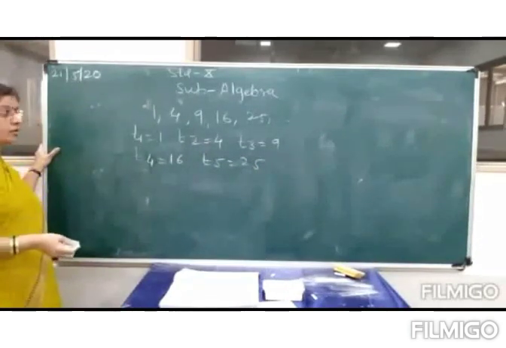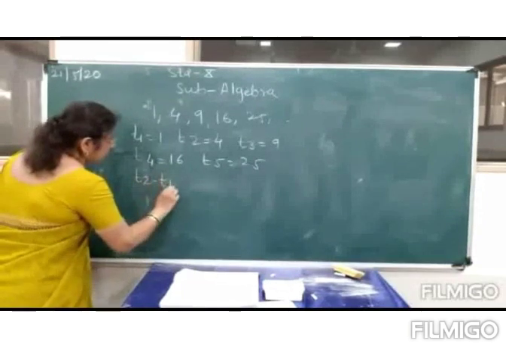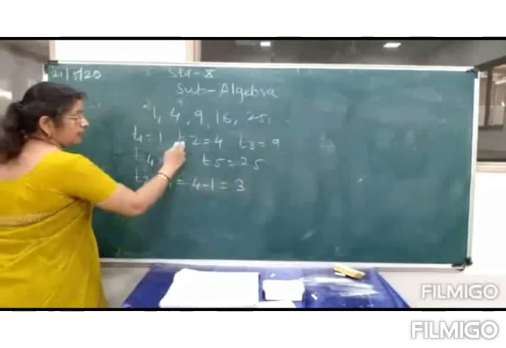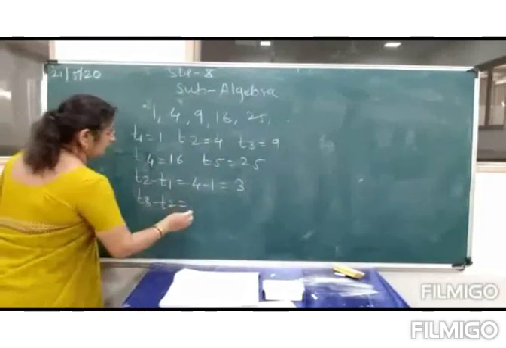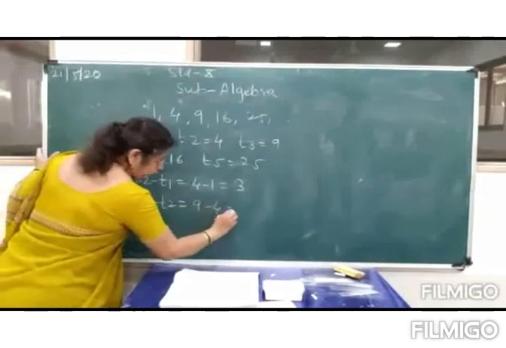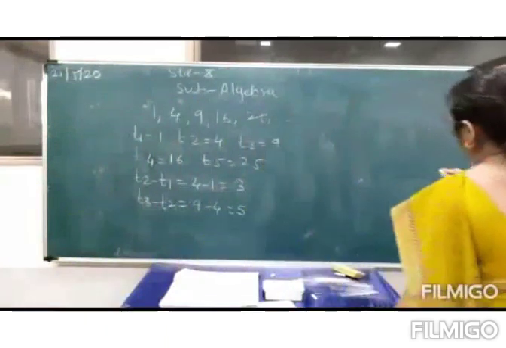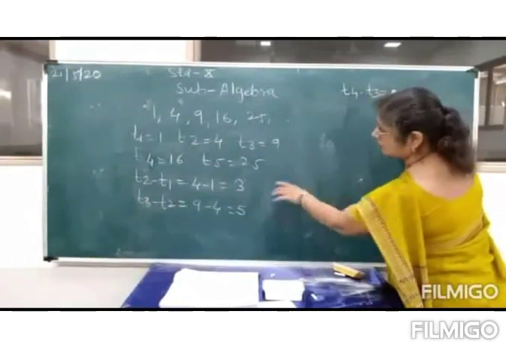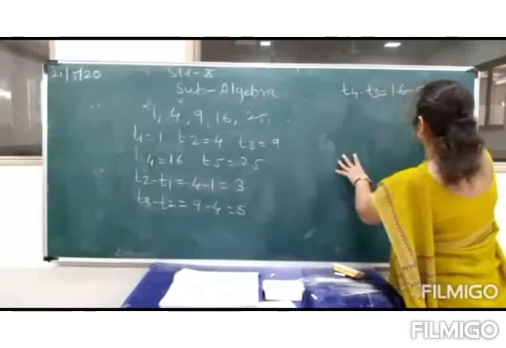Now we will find out the difference between the two consecutive terms. T2 minus T1, 4 minus 1 is 3. Then T3 minus T2, that is 9 minus 4, 5. Then we will see T4 minus T3, 16 minus 9.